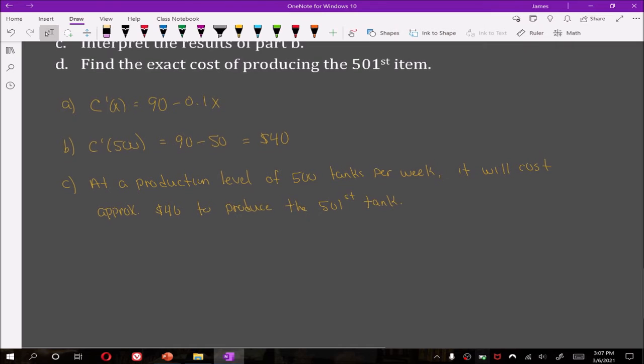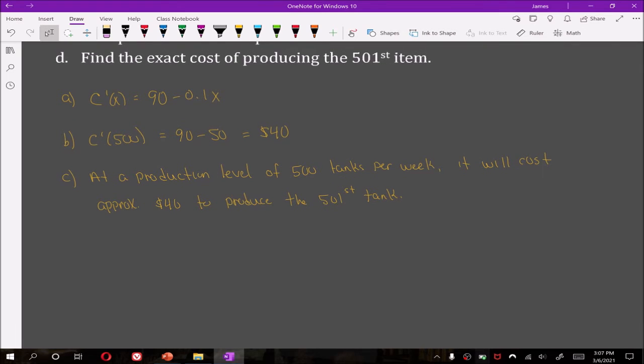To find the exact cost of producing the 501st tank, if we look at the cost of 501, right, that'll give us the total cost of producing 501 fuel tanks. We can then subtract the cost of producing 500 fuel tanks.